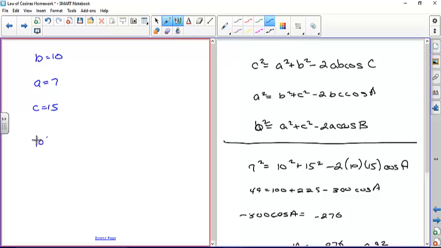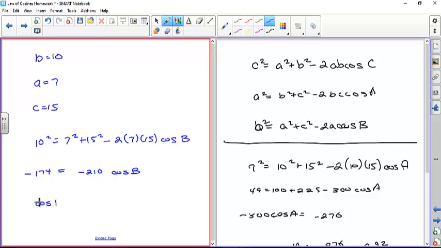We get 10 squared is equal to 7 squared plus 15 squared minus 2 times A times C times the cosine of angle B. So we'll take 100 minus 49 minus 225. I get negative 174. And if we take 2 times 7 times 15, we get negative 210 cosine of B.